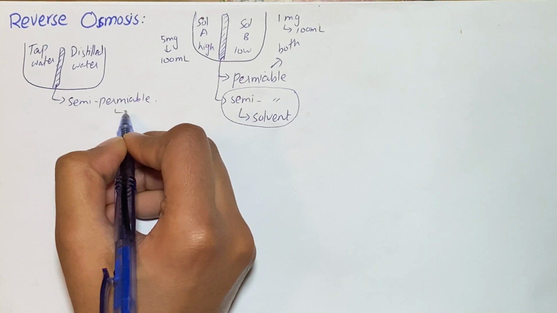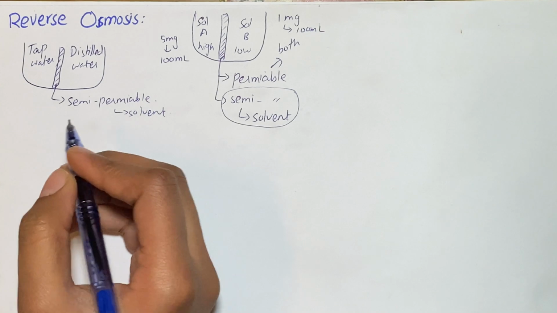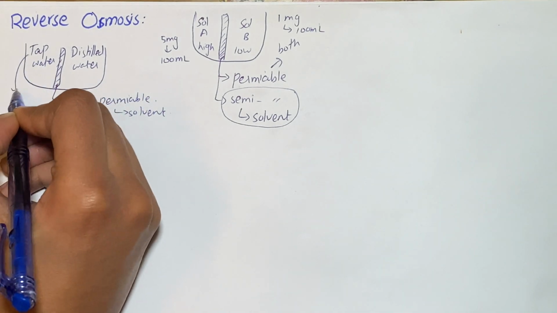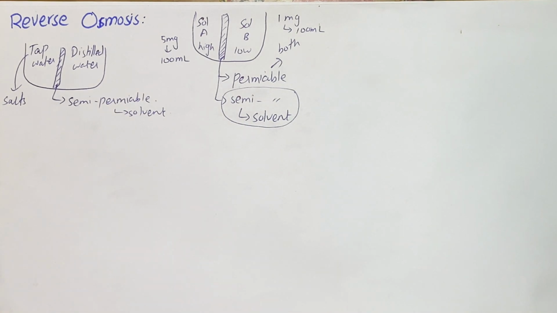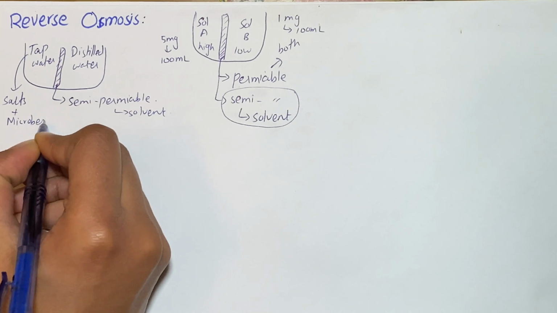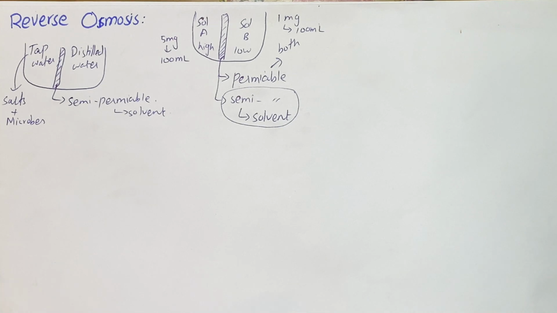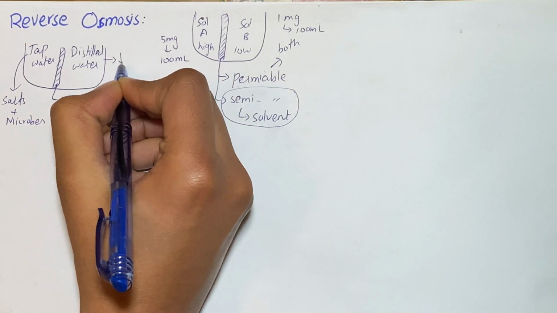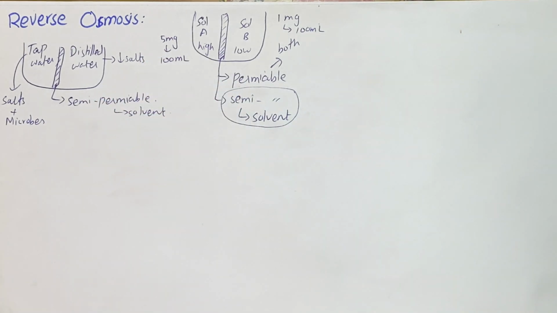So tap water, as we know, has more concentration of solute particles. So it has salts, bacteria, pyrogens. All of these things make it more concentrated than distilled water, and distilled water has a much smaller quantity of salts, bacteria and pyrogens, which makes it less concentrated.